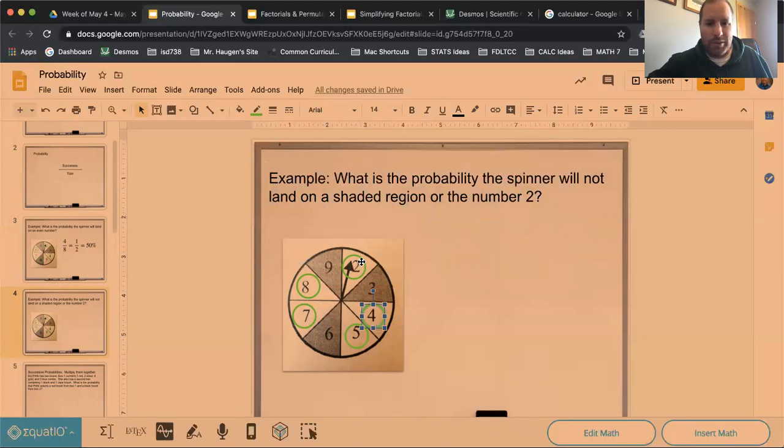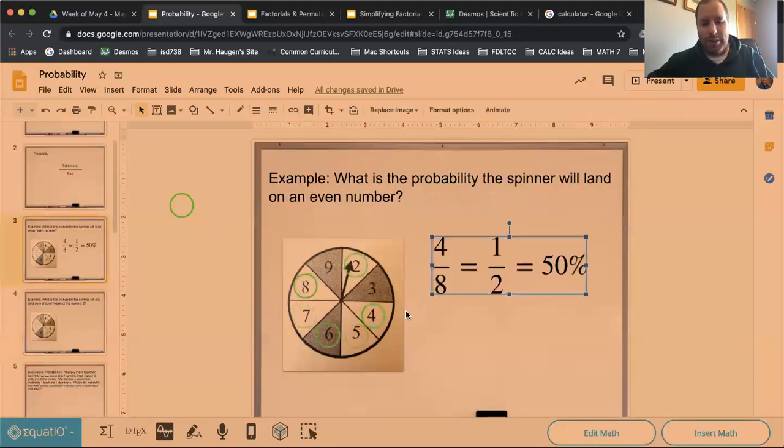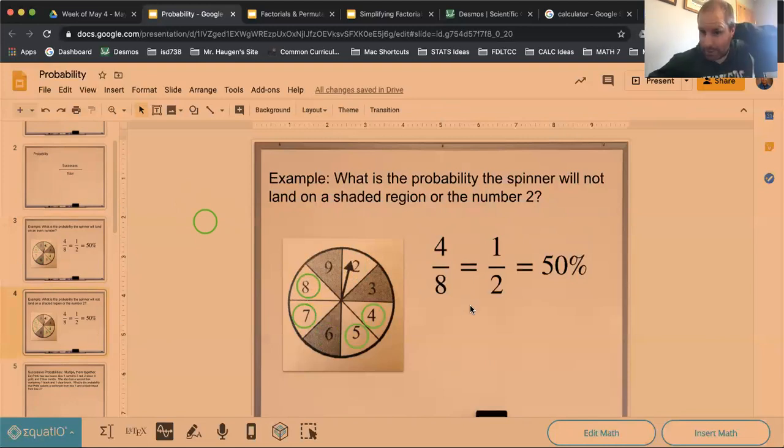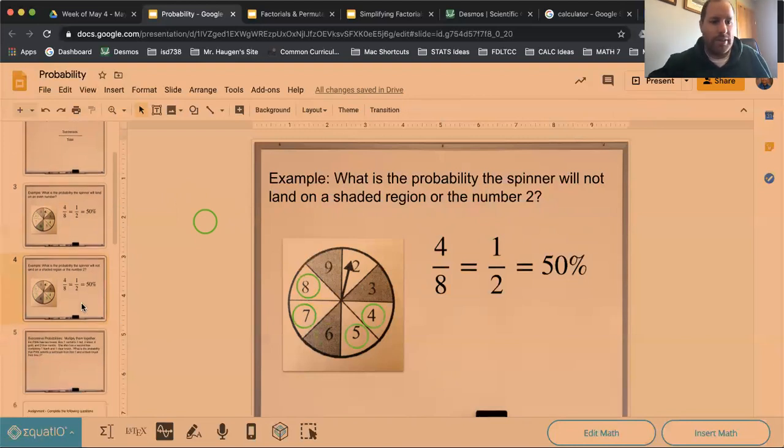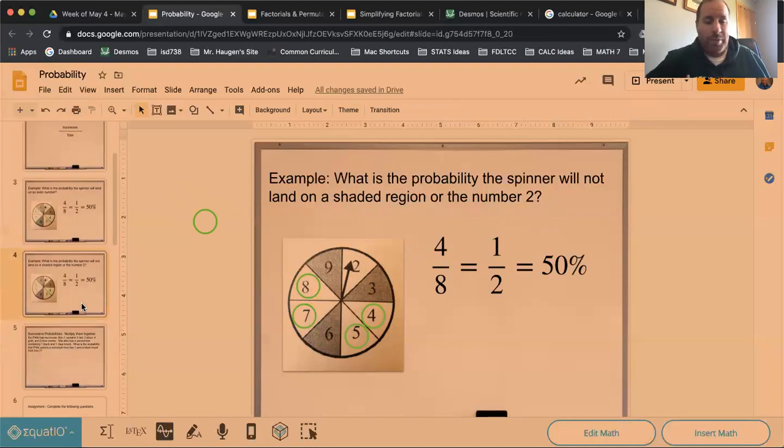So we also want to say, not landing on the number 2. In that case, that's actually the same as this one. There are only 4 spaces in there, giving us a 50% chance. If there were more spaces, we'd say 5 out of 8 or something like that. Like if we asked what are just the shaded regions? We'd say that's 3 out of 8, or 37.5%. And nothing too big there.